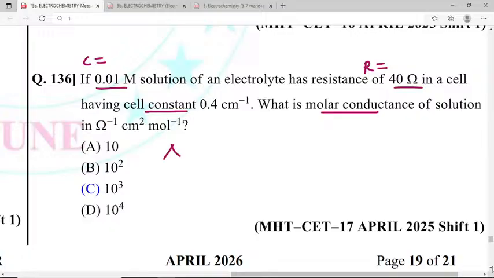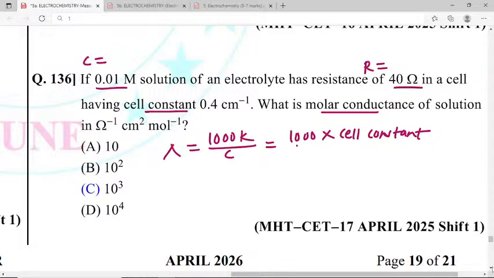Molar conductivity is equal to 1000 K by C, so it is equal to 1000 multiplied by cell constant divided by C multiplied by resistance. Resistance given 40 ohm, cell constant given 0.4, concentration 0.01. Substitute the value, we will get the answer 10 to the power 3.